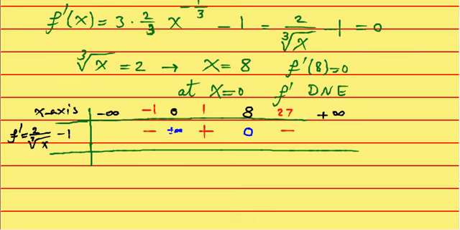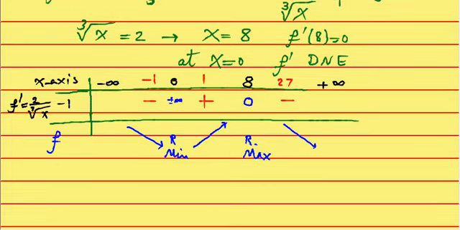Now we go ahead and give our final verdict about the function f itself. Derivative is negative, so I gotta be going down. Derivative positive, I'm going up. Derivative negative, I'm going down. In between here, I surely have a relative min. In between here, I surely have a relative max.